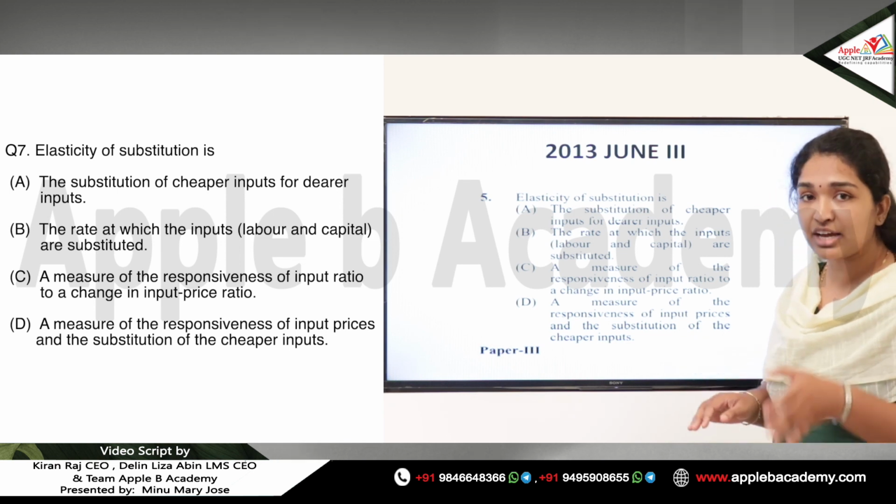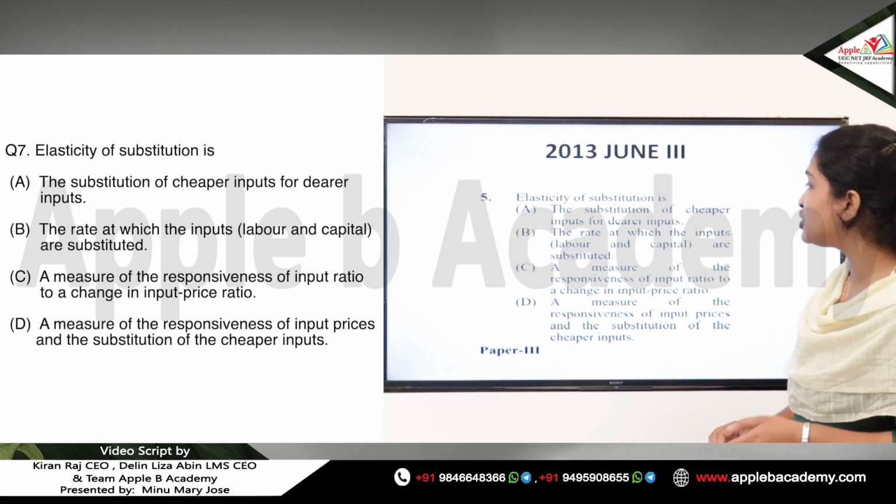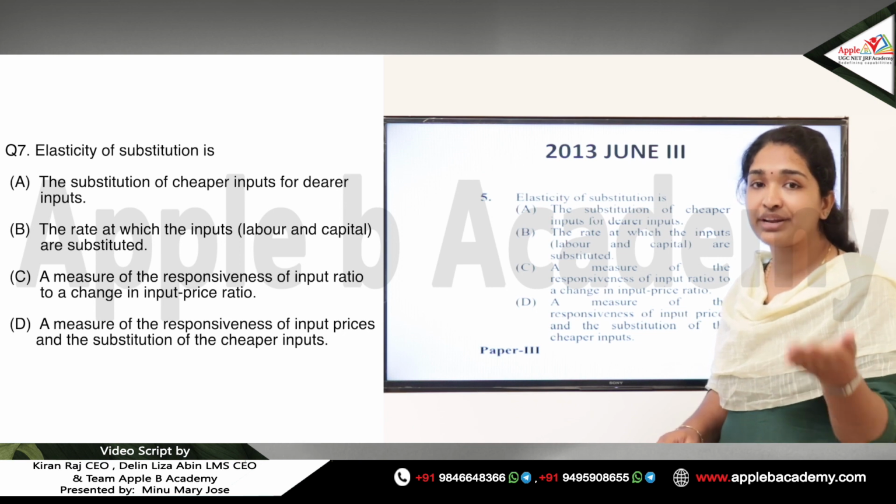So A is only partial for what elasticity of substitution means. B, the rate at which inputs are substituted, can be termed the marginal rate of technical substitution.